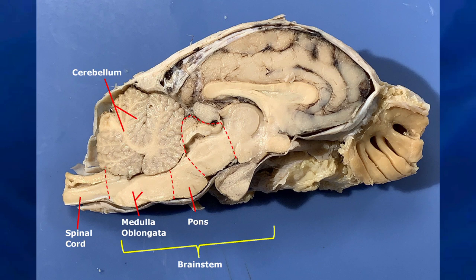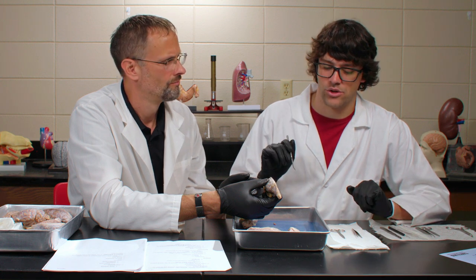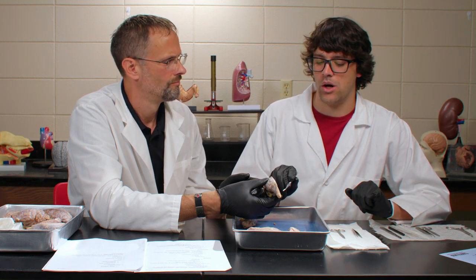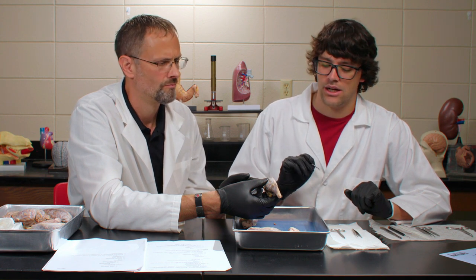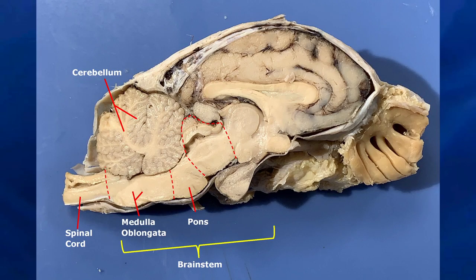They'll check the different functions of the different cranial nerves, and that can help you localize pretty well where you might have, let's say, a bleed or a lesion of some sort, depending on what functions are intact. If you can lift up your eyebrows on one side, close your eyes, things like that, it can help localize all that. So that's the medulla, the pons, and then the midbrain here.